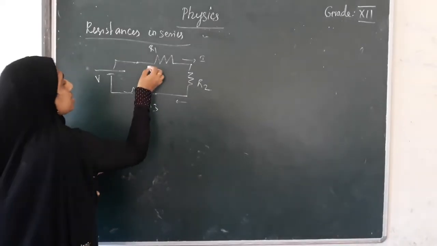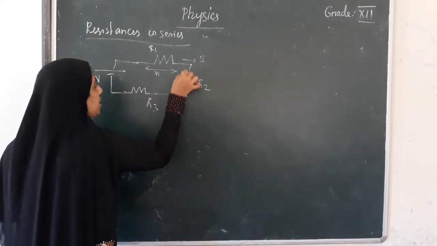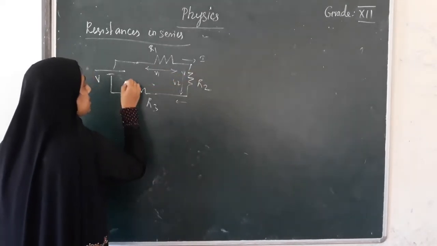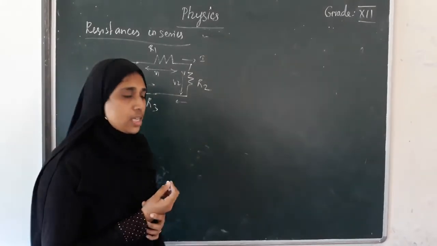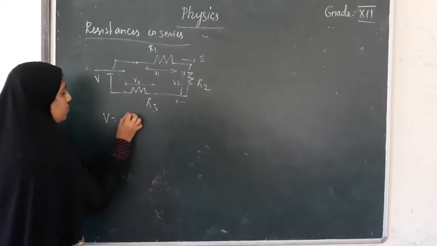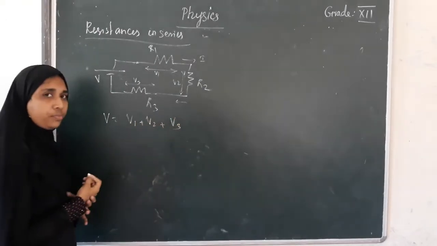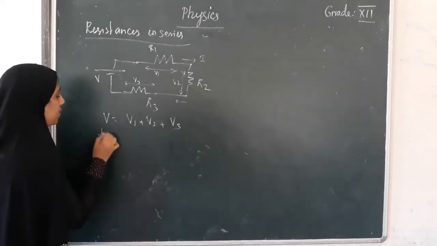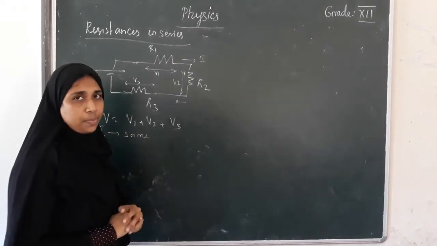The voltage developed between this and this is V1, then V2, then V3. So what is the total voltage? V is equal to V1 plus V2 plus V3. But the current value is the same because it is a series connection.